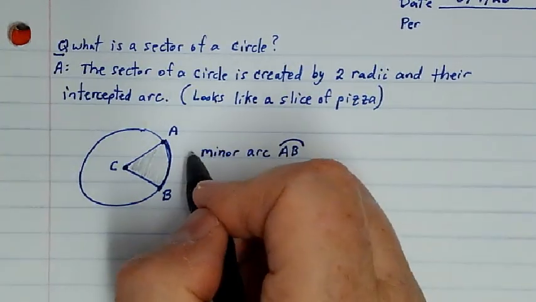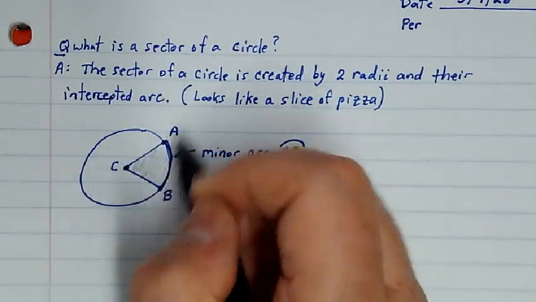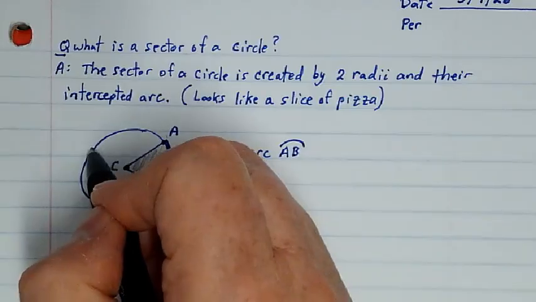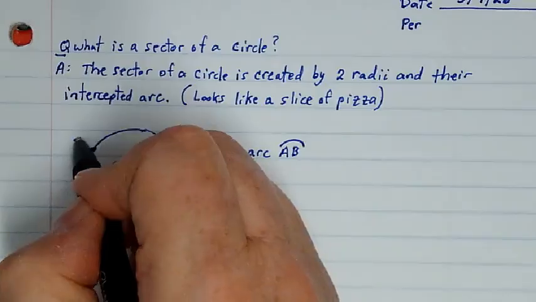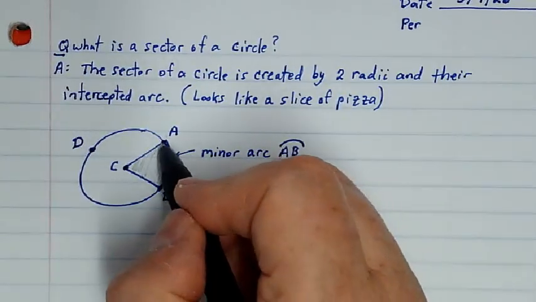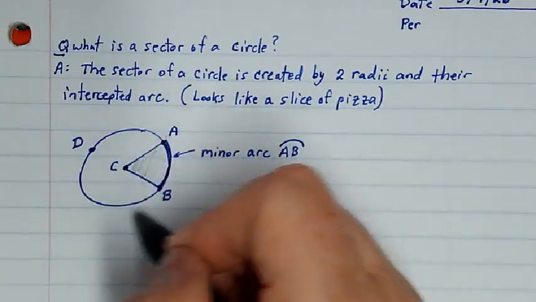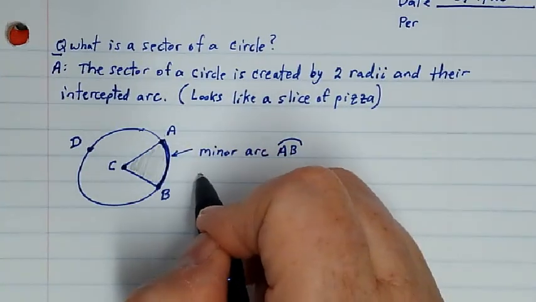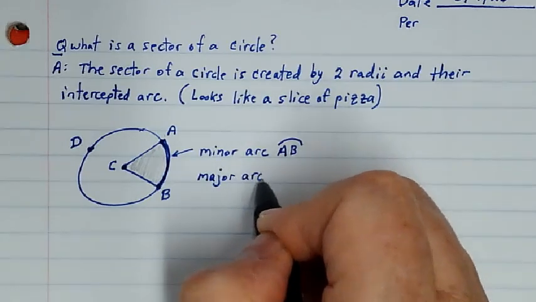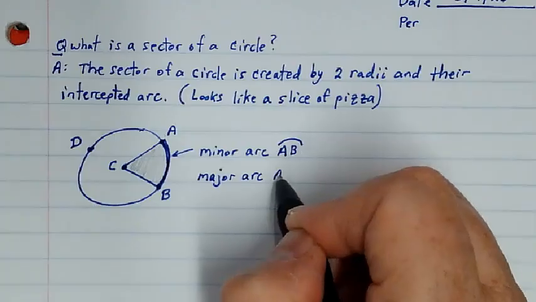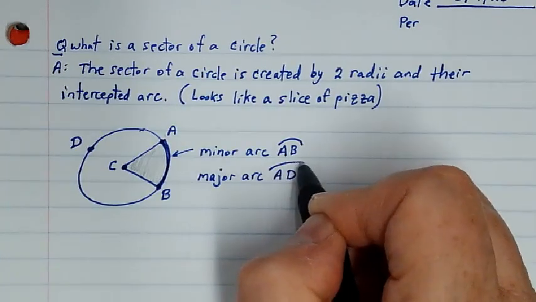Now, the reason that's the minor arc is because from A to B, the long way is the major arc. Usually you'll have a point somewhere along that circle, maybe 2 points or 3 points. I'll just call this point D. You know how minor means small and major means big? So the major arc is going to be named A, D, B with an arc over it.